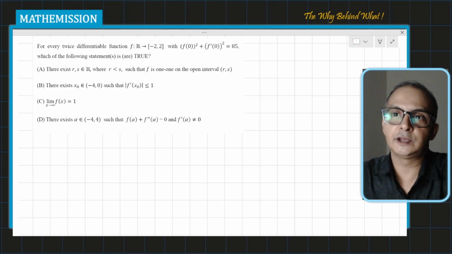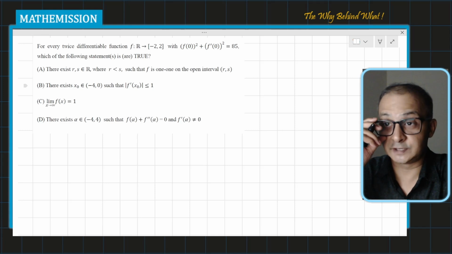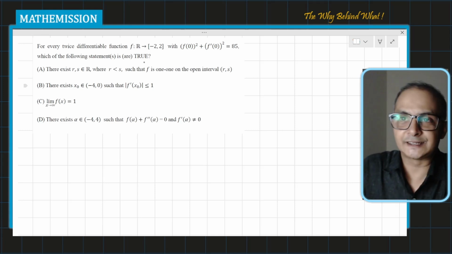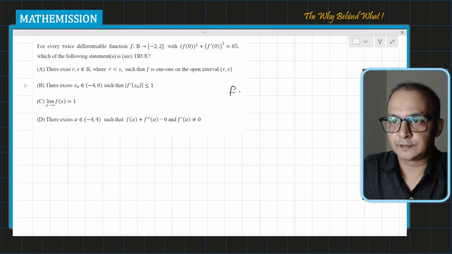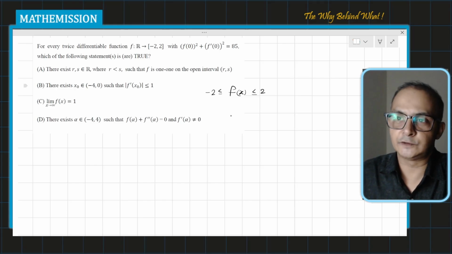We are only going to apply the conditions we have at hand. The condition we have is f(0) squared plus f dash 0 squared is 85. And this is also one important condition: the function f(x), suppose you take any function f(x), its codomain is given as minus 2 to 2. It means the function's maximum value is 2 and the minimum value is negative 2.